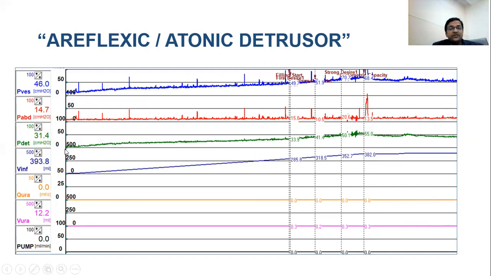Like in this situation, you see that there is poor bladder compliance and the patient is not able to void by relaxation. Now, this is a case of sacral meningomyelocele, open meningomyelocele. So we don't expect this patient to be able to void voluntarily. So in this case, you can say this is atonic detrusor with poor detrusor compliance.